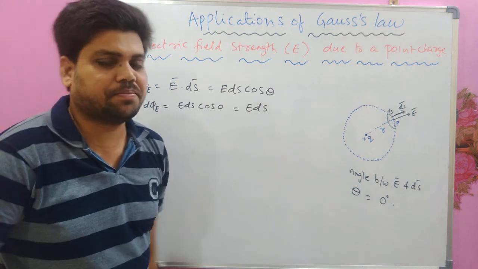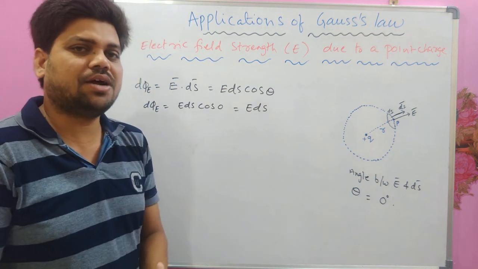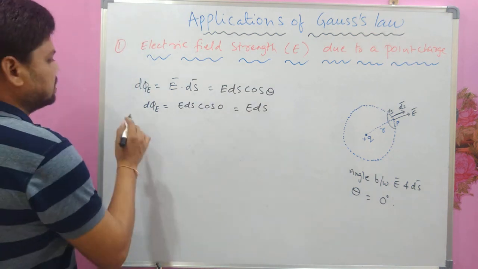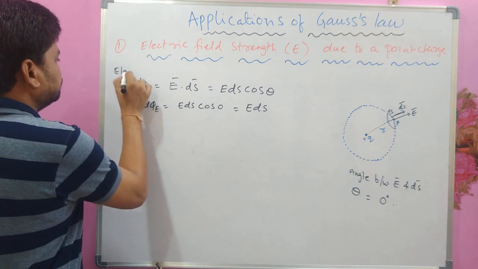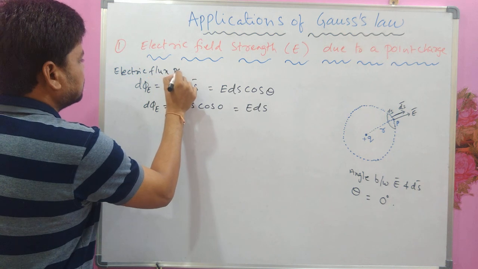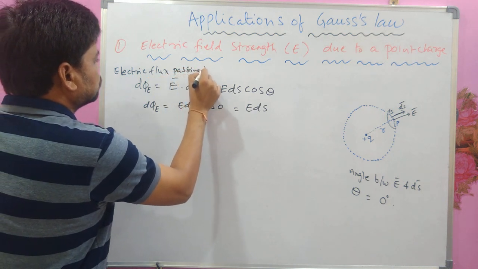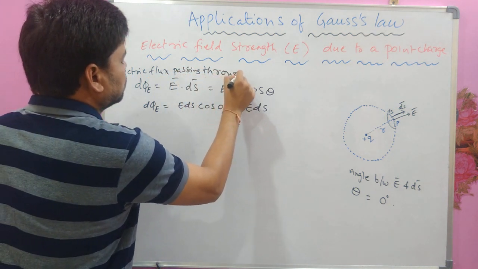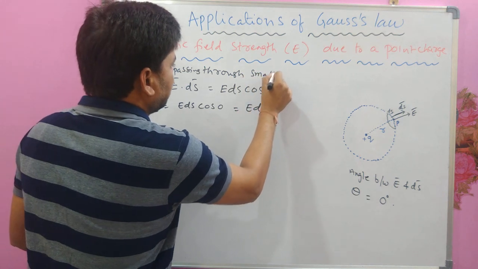What is the sixth step? You have to find the total electric flux. So this is the electric flux passing through the small area element dS.